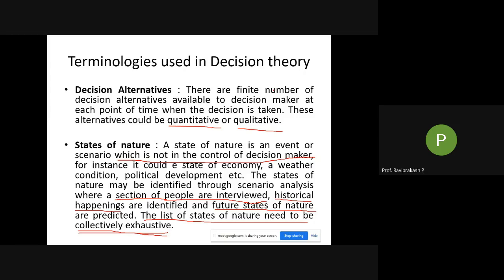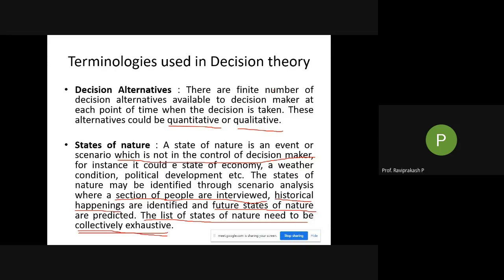For instance, it could be the state of the economy, a weather condition, political development, etc. Full stop.